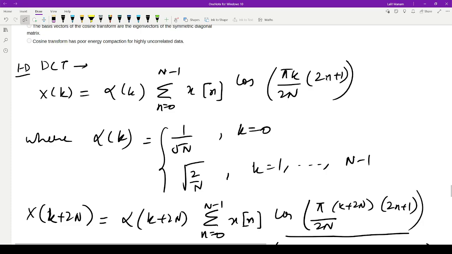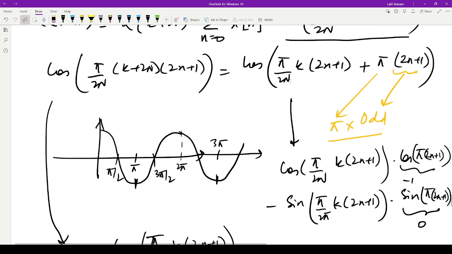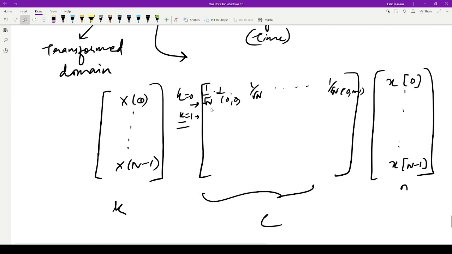N is 0 for the first place. So what I wrote there needs to be written here. Square root of 2 by n cos of 3 pi by 2n and so on.